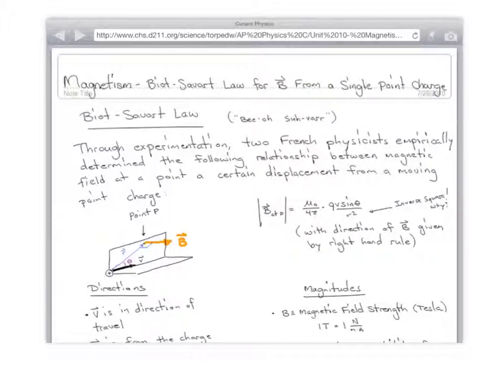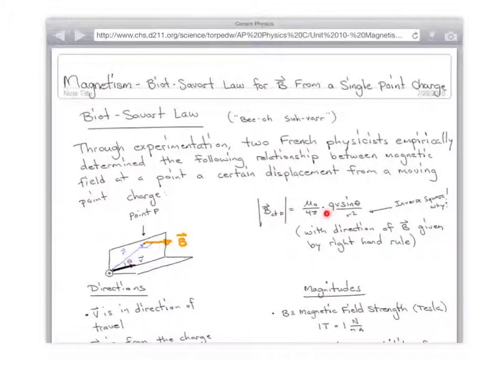But for Biot-Savart law, it's a little bit more complicated. Is it over r squared? Yes. Sure, because it's a point charge. But remember how yesterday I mentioned that a stationary charge doesn't produce a magnetic field? So what's that mean? Velocity matters. So there's the velocity in the equation.